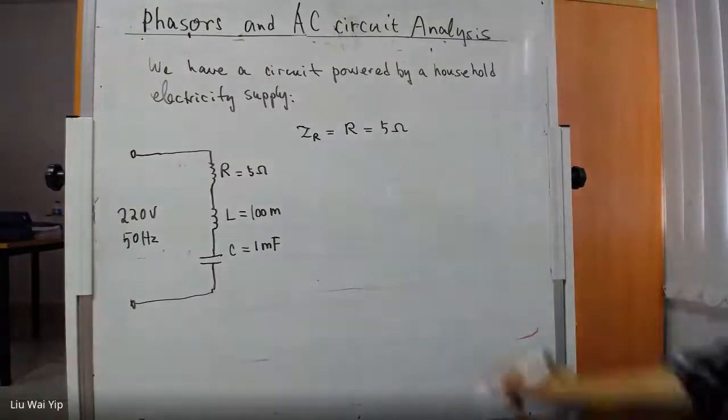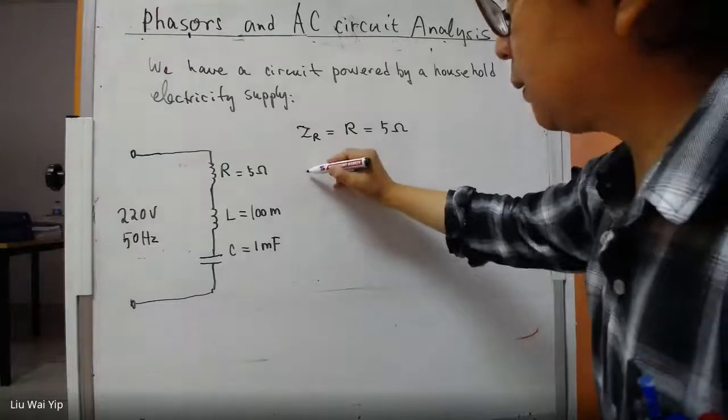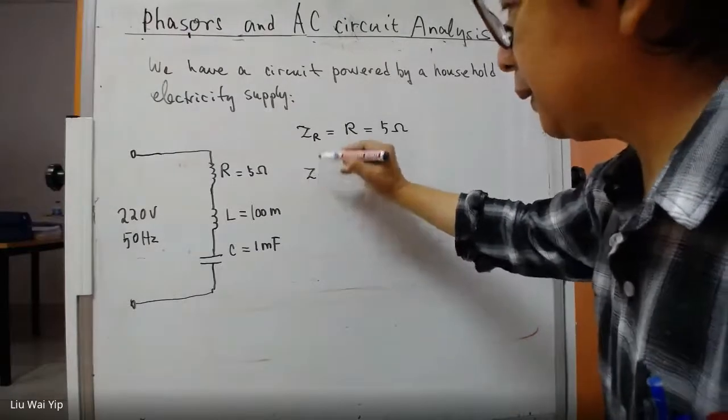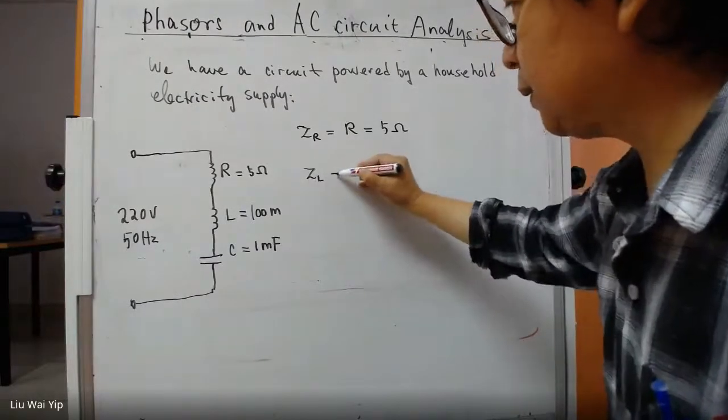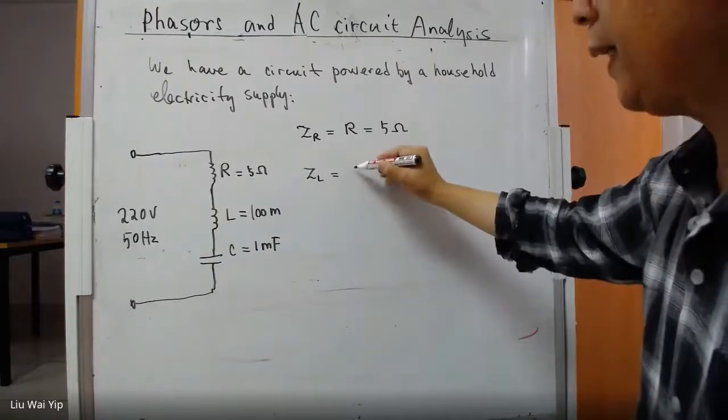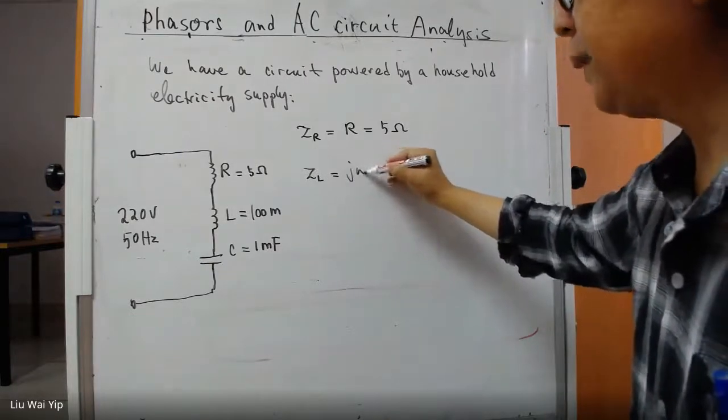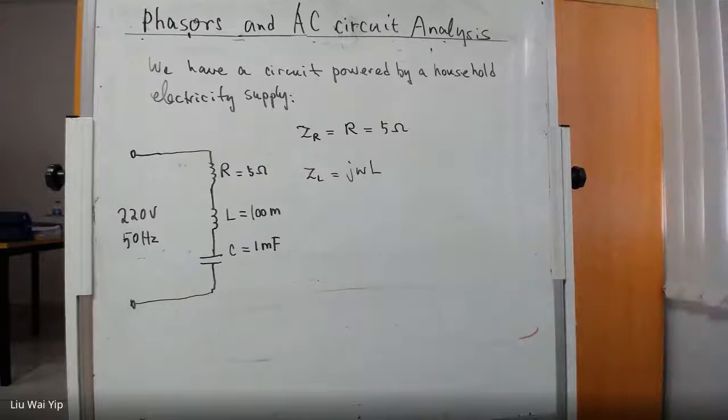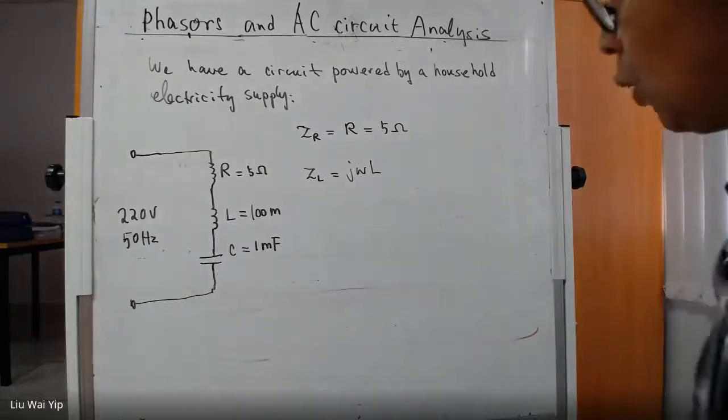The impedance for the inductor is going to be j omega L. And what is omega?